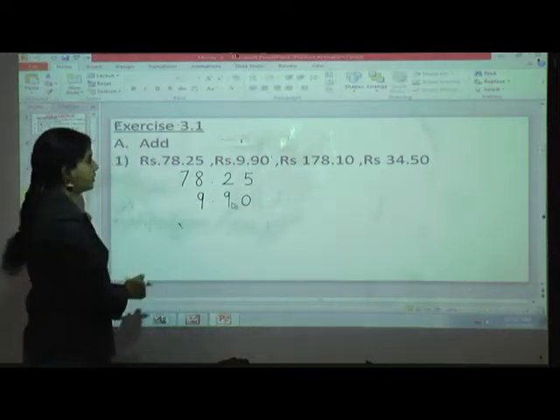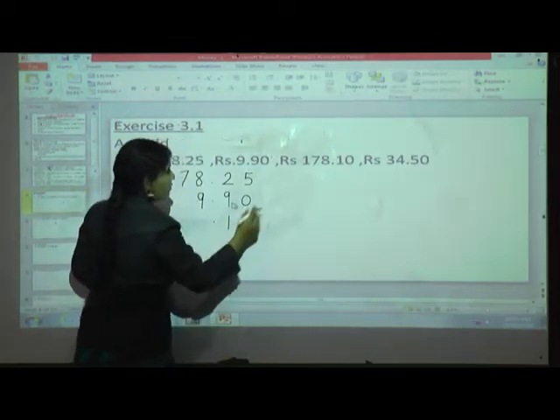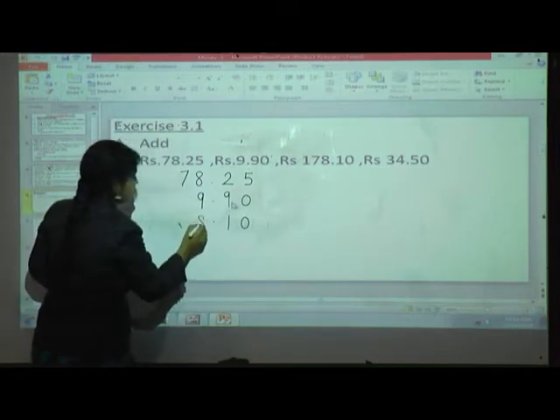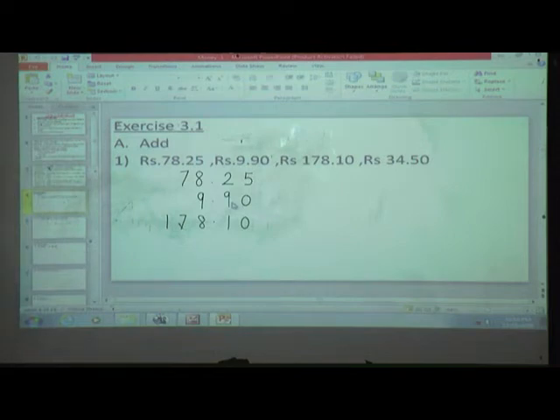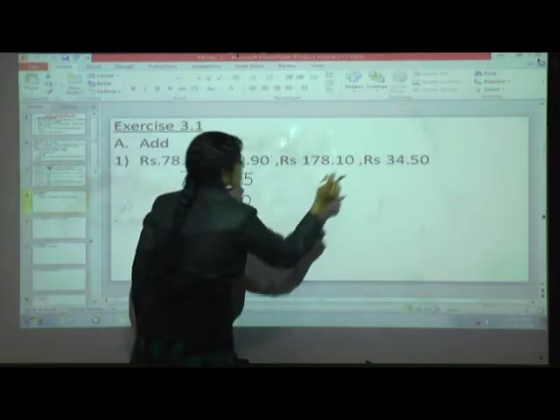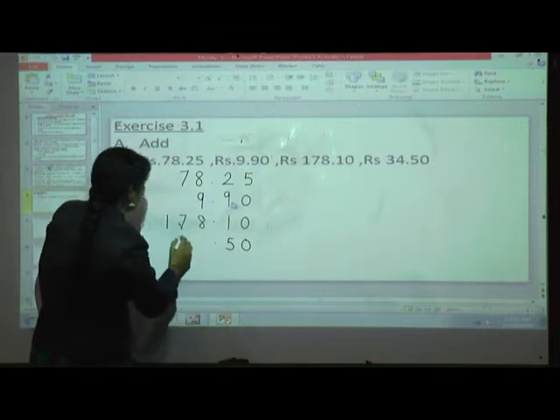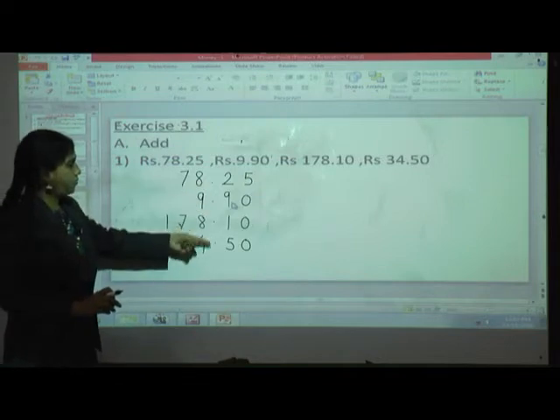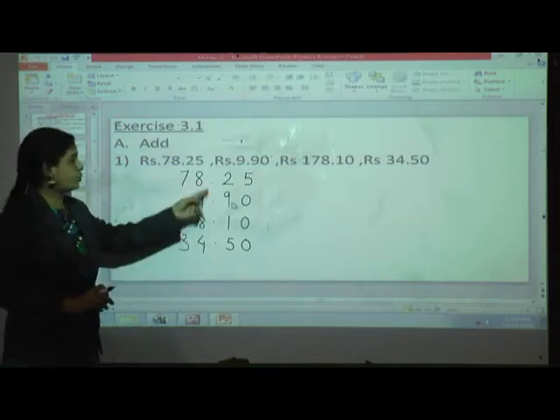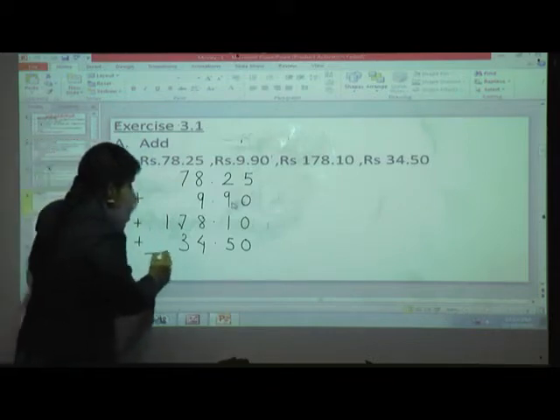Now the third one, here first write the point and 10. Now 178. You should write it below the other. Now the next number, 34 rupees 50 paise. Here 50 paise and rupees 34. So see, the point is in one line, that means it is below the other. So just add it properly.